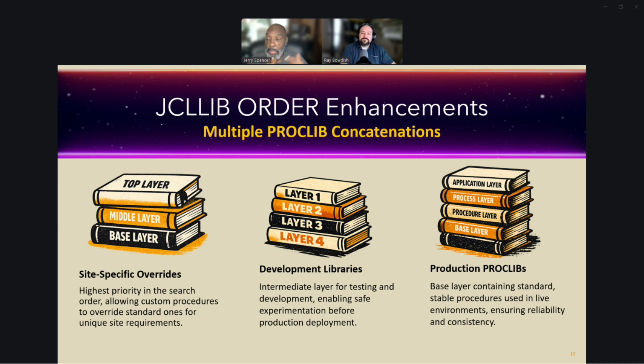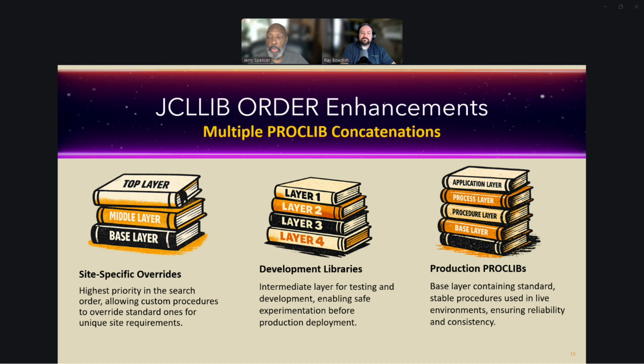And so you set up a layer of PROCLIBs. So you can say, I want to look at data set 1 and data set 2 and data set 3. If it's in data set 1, okay, it executes that proc, off it goes. If it doesn't find the proc in data set 1, it looks in data set 2, and then finally it looks in data set 3.